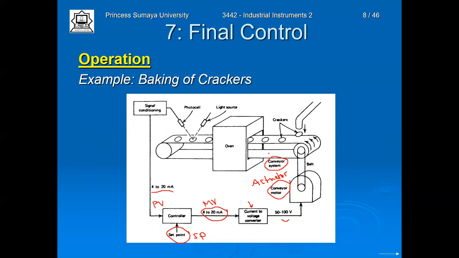This is the final control element. So you can see from this example that all the components here are connected to each other and interact with each other to have control on the product itself, which in this case is the crackers.